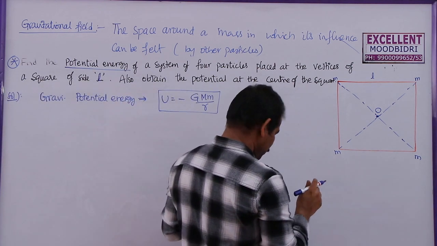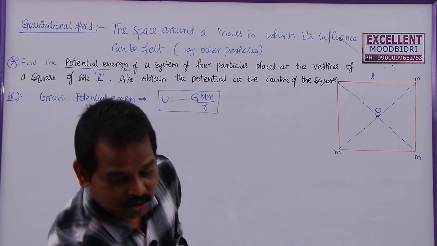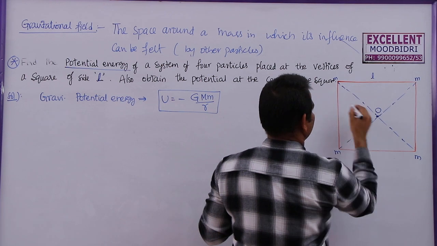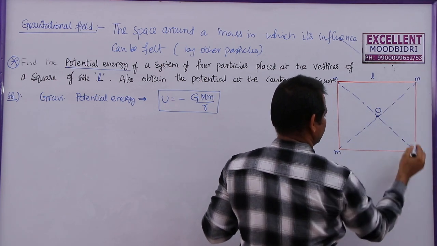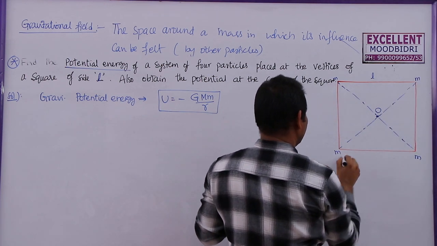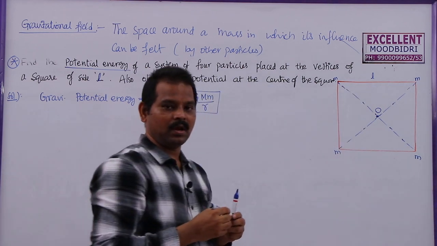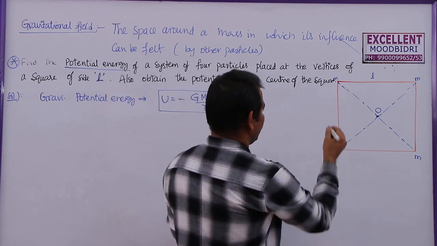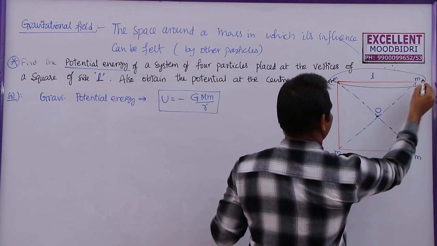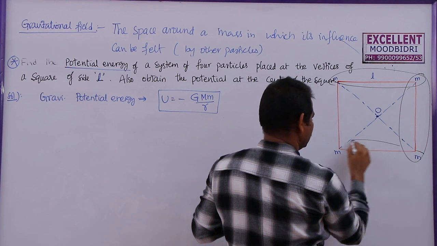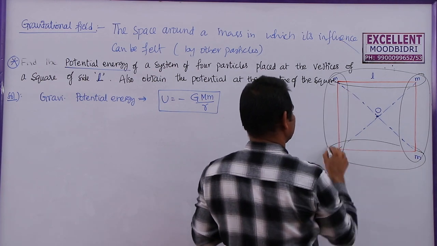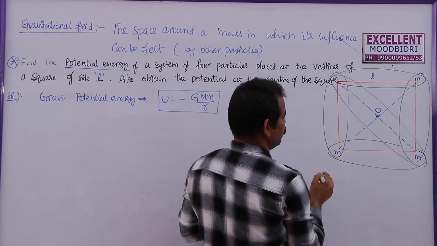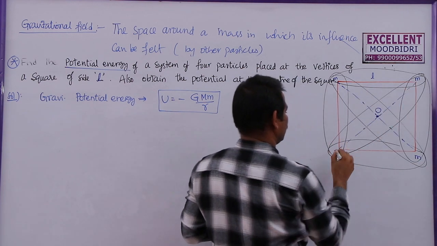You can see here these two can be taken as a system, these two are one more system, these two are one more system, these two are one more system. So there are four masses placed at four corners. So the first system is this one, second system is this one, third system this one, fourth system this one. Not only these four, even these two masses will produce a system, and these two one more system.